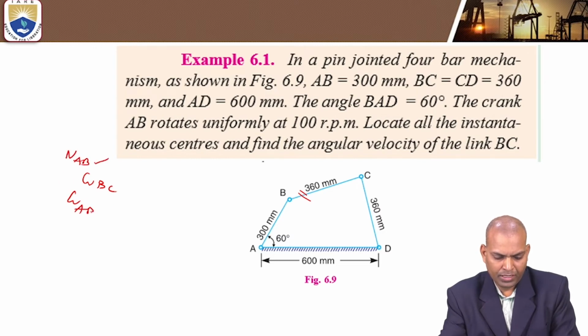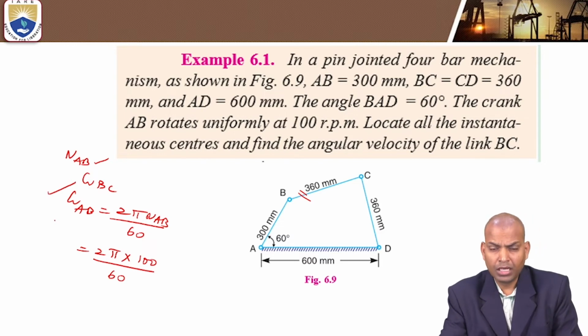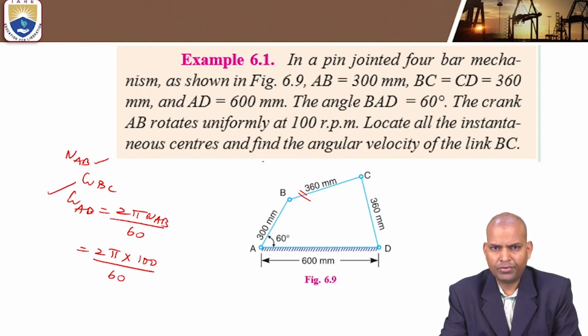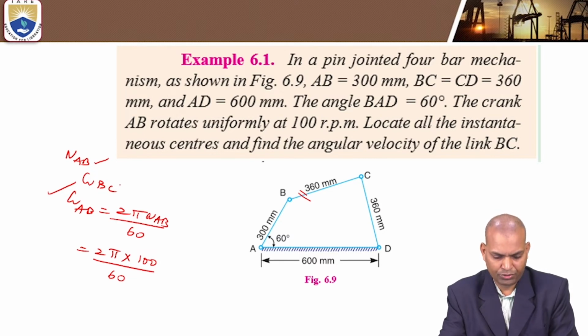From that N of AB, omega AB equal to 2 pi N AB by 60, that is 2 into pi times 100 revolutions per minute by 60. After calculating omega AB, we have to find the angular velocity of the link BC with the help of Arnold-Kennedy's theorem and also angular velocity ratio theorems. By using these two theorems, we can locate all the I centers of this 4-bar mechanism, and also the angular velocity of the link BC can be found.